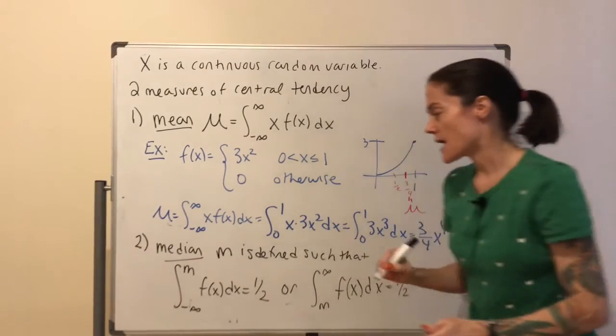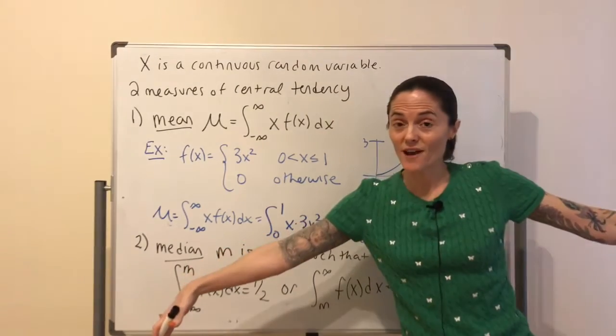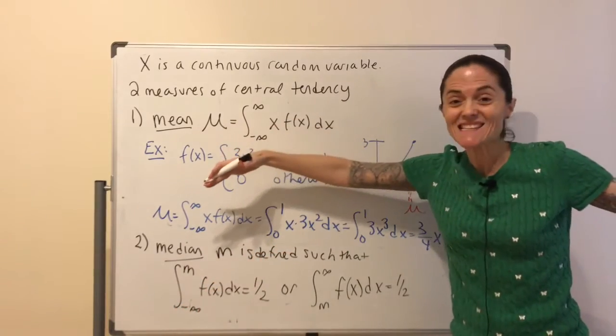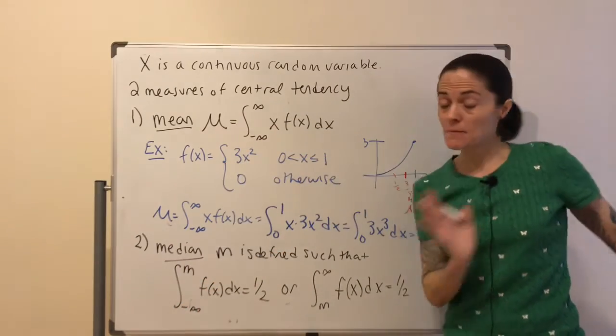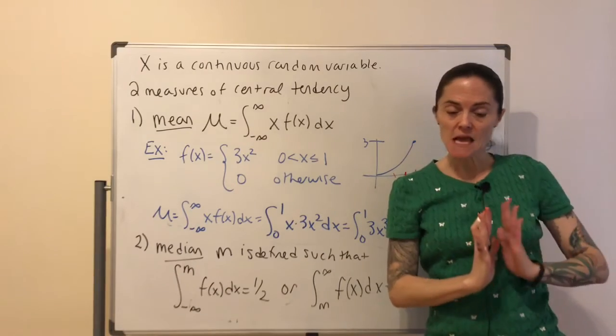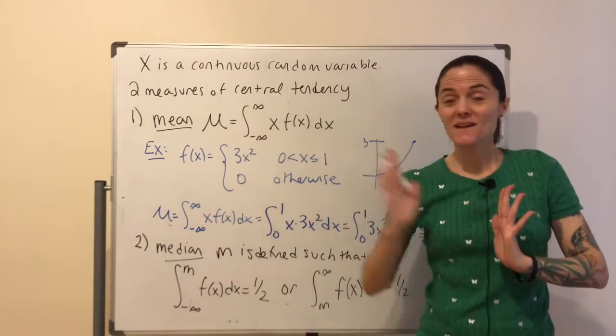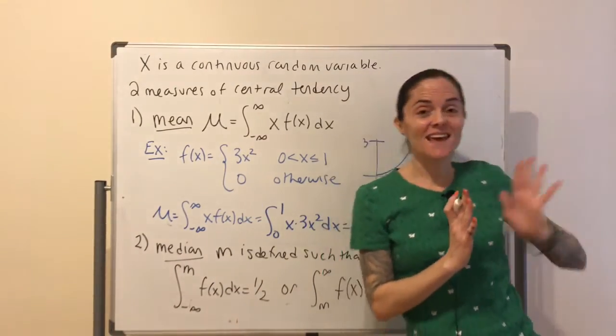What is this saying? We know the total area under the curve is 1, and this is saying the median is some x value such that half of the area is on one side, half of the area is on the other side.